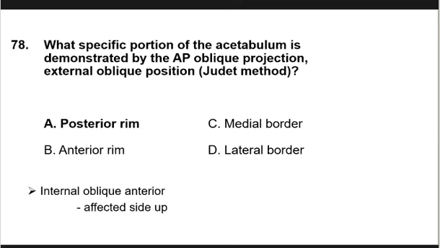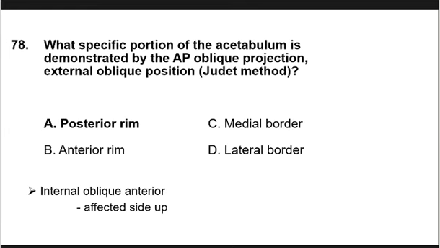So in other words, the affected side is close in contact to the tabletop. If internal oblique, what do we demonstrate? The anterior rim. So for the anterior rim, the affected side is elevated, or affected side up.